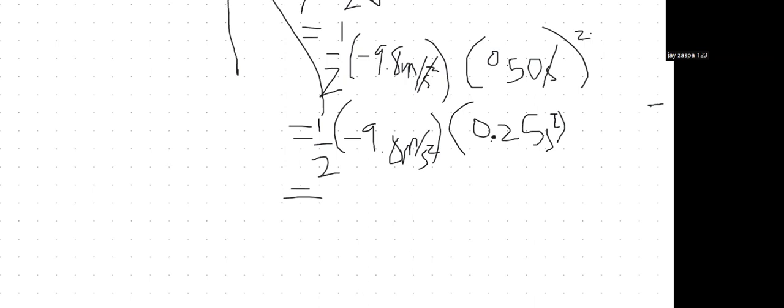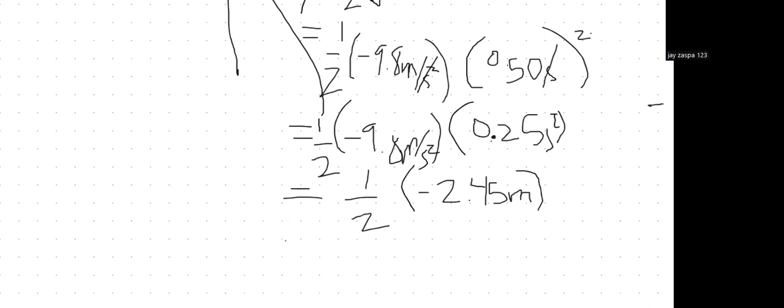Take note of this: 0.25 times the negative 9.8 meter per second squared will be negative 2.45. So we're going to write here one half of negative 2.45, and this one will become meters. It corresponds to this distance.